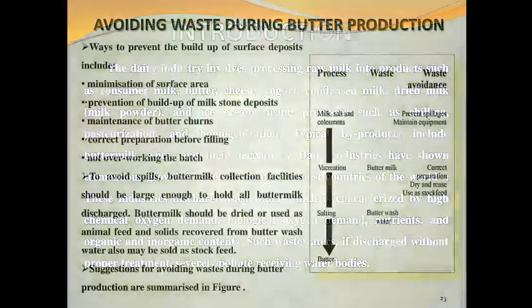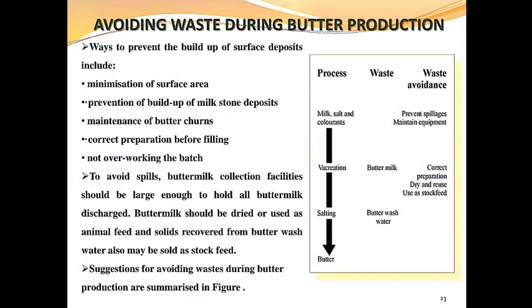So this was all about the different characteristics of wastewater, and the different effects of disposal of wastewater onto land and into sewer. The different treatment methods, the activated sludge process and oxidation pond, can be used for the treatment of dairy waste.